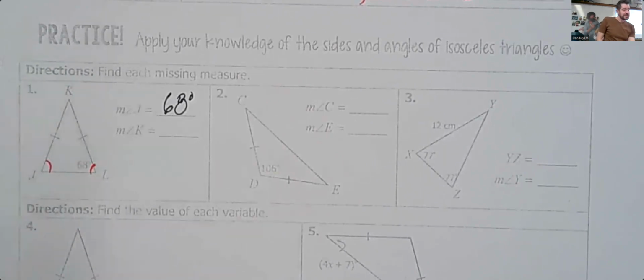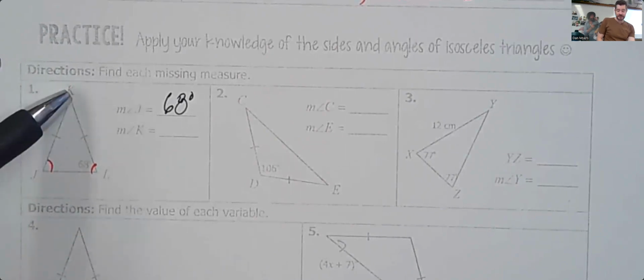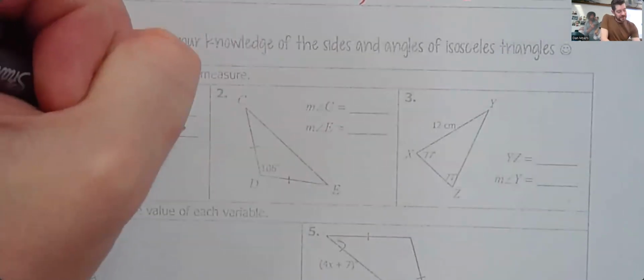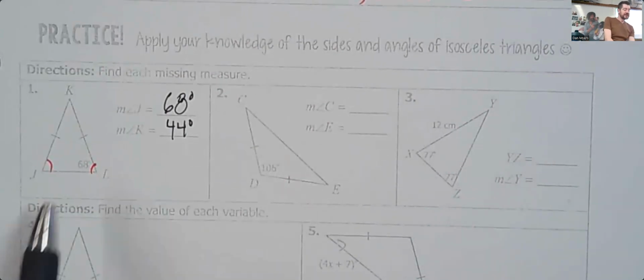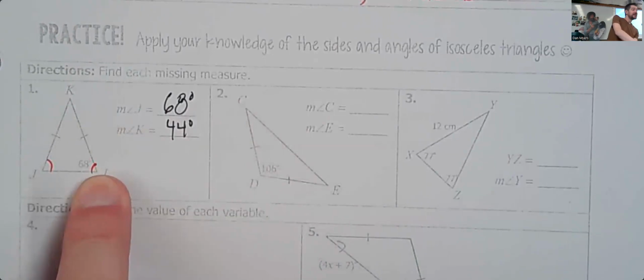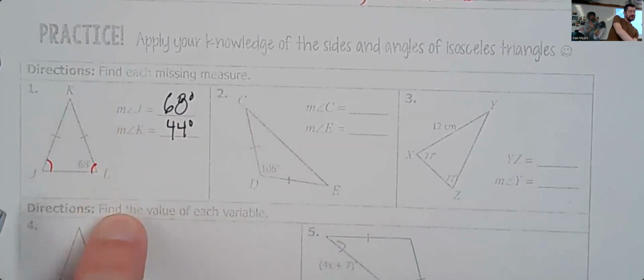All right. So 68, 68, what's the vertex? How many degrees is the vertex? How do you know? Well, we have an isosceles triangle, right? So this angle is 68 here.